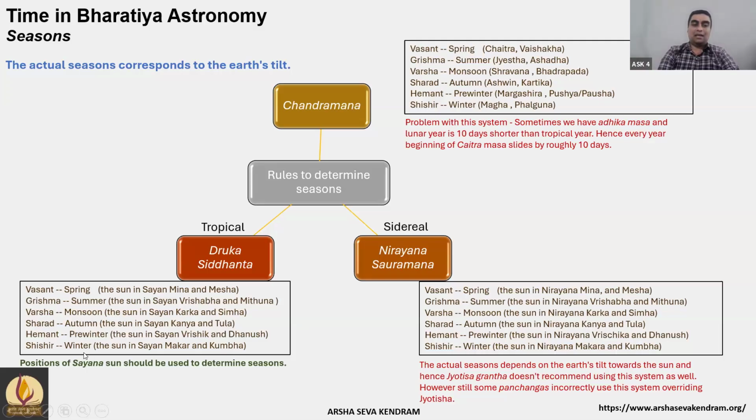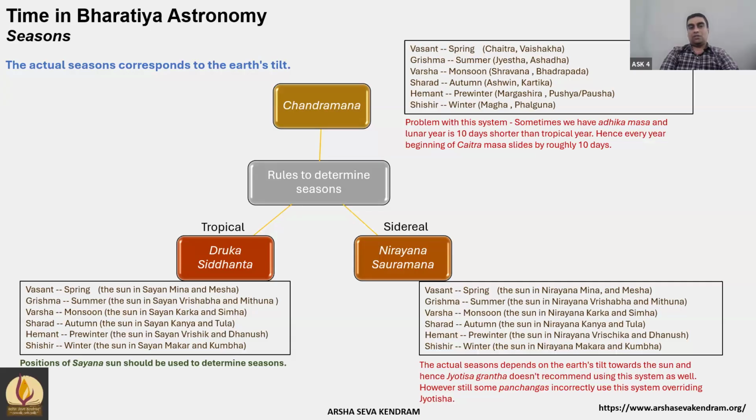However, in the Sayana, it is the sun coming back to the vernal equinox point. So the Sayana system is actually more preferable for the calculation of the seasons, rather than a Nirayana system. So I think that's the conclusion from the seasons.